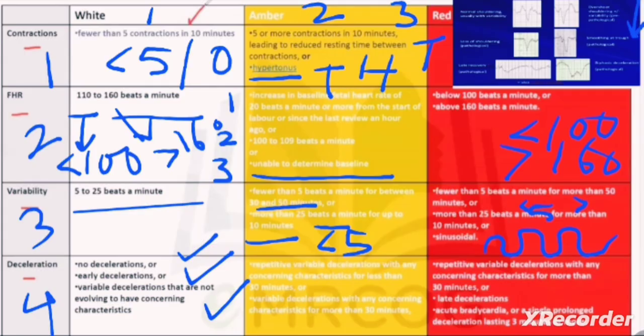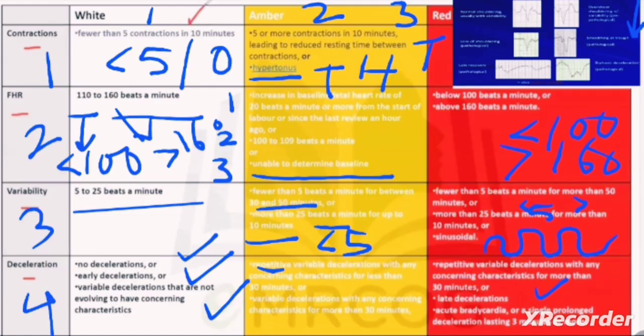If there is a W pattern, biphasic pattern, overshooting, or loss of shouldering, or excessive shouldering, then we call these evolving concerning features of the variable deceleration, and these are called atypical variable decelerations. If there is a repetitive variable deceleration with concerning or evolving characteristics for less than 30 minutes, it's suspicious. And if it is more than 30 minutes, it's pathological.